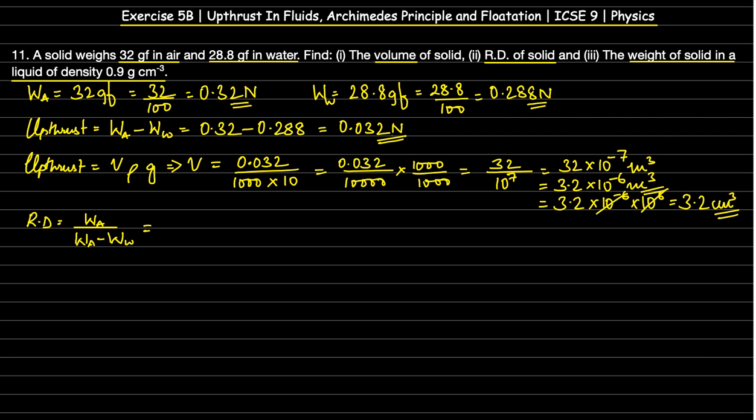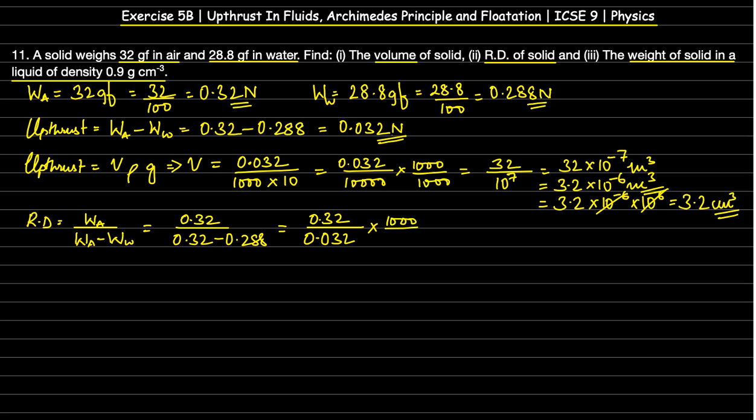So weight in air is 0.32 divided by 0.32 minus 0.288. So we get this as 0.32 divided by 0.032. We multiply numerator and denominator by 1000.